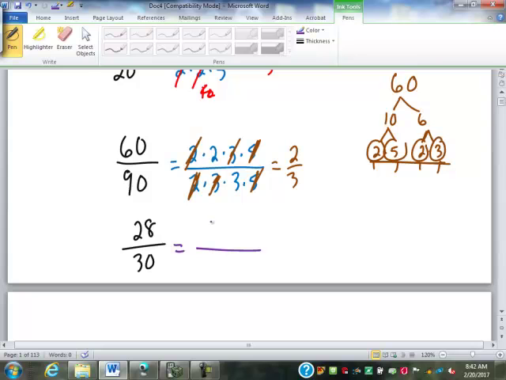So 28 factors to be what? 2 times 2 times 7. 30? What's that? 2 times 3 times 5. Good. What can we cancel there? Just the 2. Nothing else in common. So on top I have 2 times 7 is 14. On bottom I have 3 times 5 is 15.